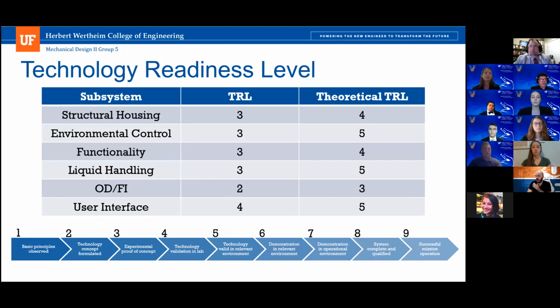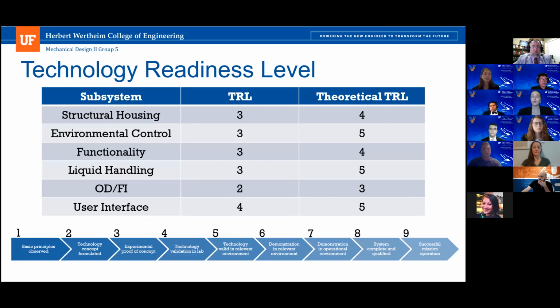As for determining the technology readiness level of our design and each component, we did it in two different ways. The first column is the more traditional technology readiness level. Since we haven't actually been able to build or test a prototype of our design, we're limited to level 3, which is proof of concept just through design and calculations.